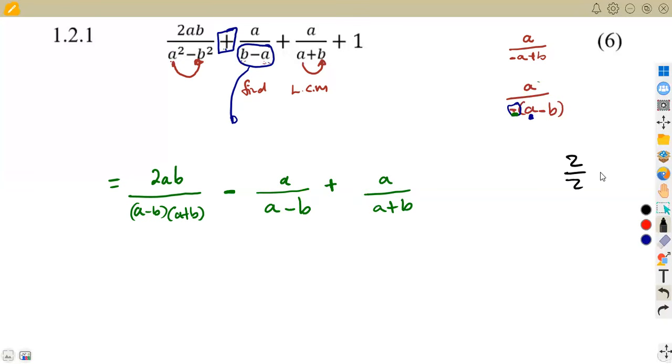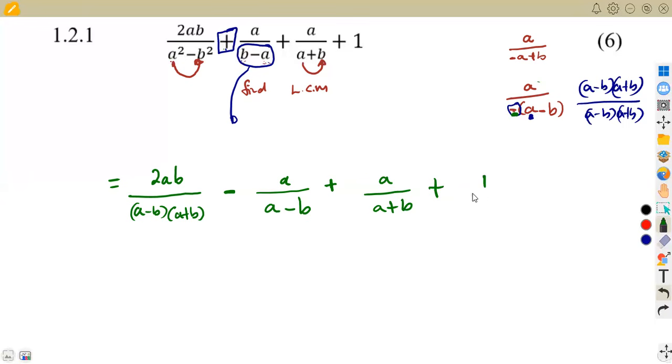If we've got 2 over 2, what do you obtain? You obtain 1. If you have got 10 over 10, you also obtain 1. So the other way of writing this 1 was to take from the common of everything, the one that carries all the terms, which is A minus B into A plus B. So in place of 1, we could have written A minus B into A plus B, everything over A minus B into A plus B, which is one and the same thing that you are still going to obtain even if you use it as a 1.